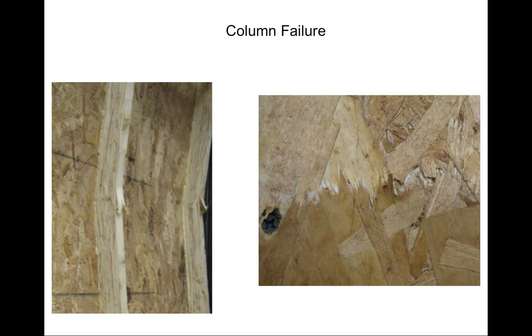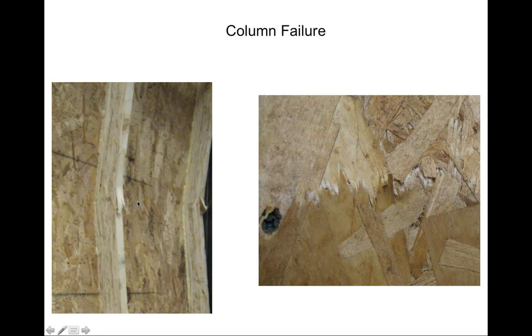response. And here are the failed columns. And by the way, these columns were able to support anywhere, say, between 17,000 pounds and above that. So they're fairly rigid and fairly strong columns.